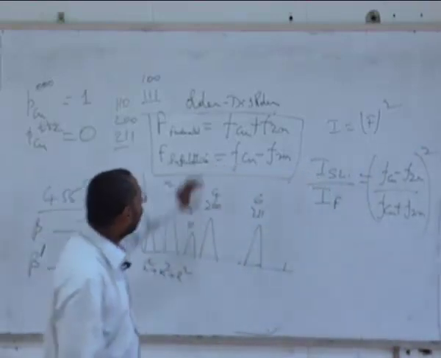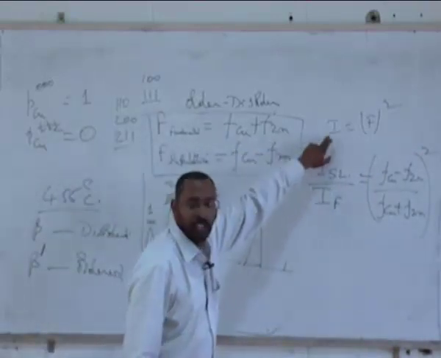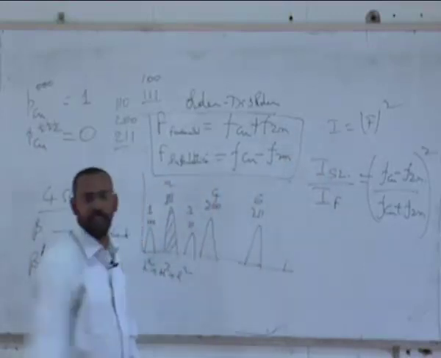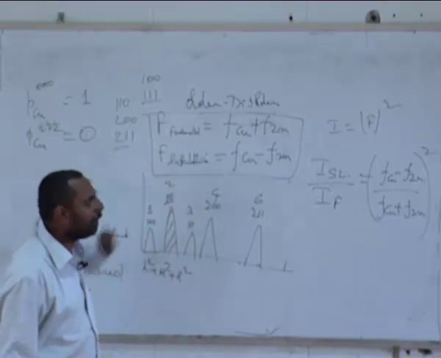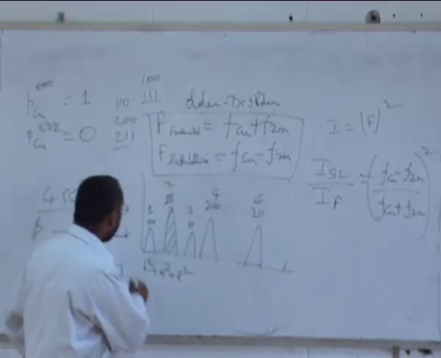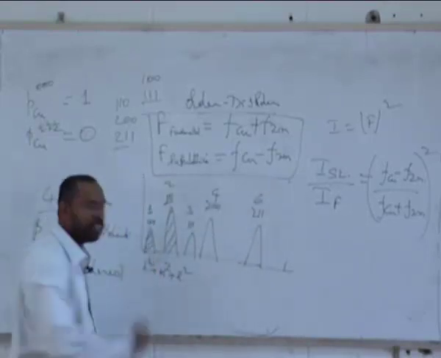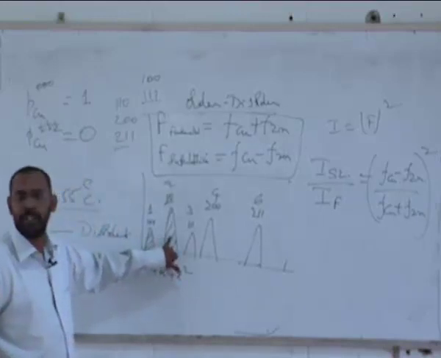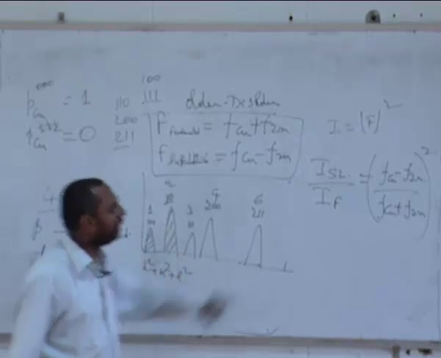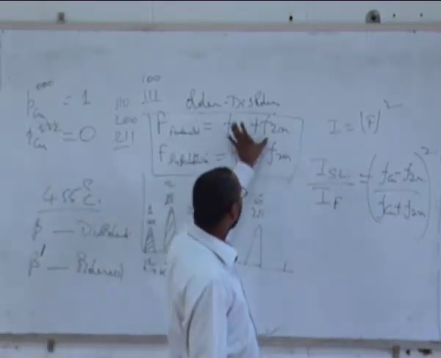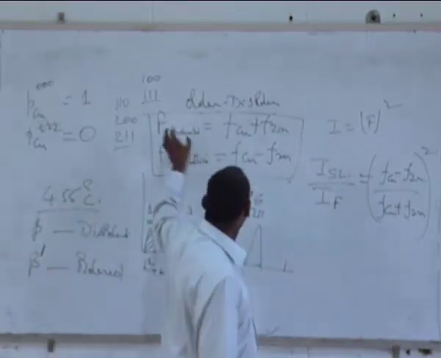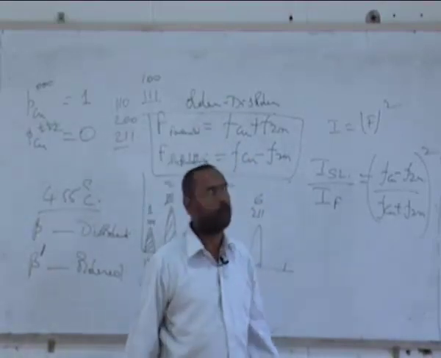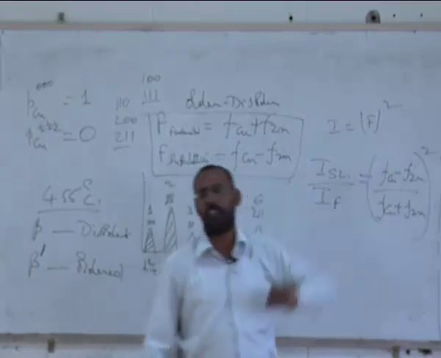Right? Because the intensity means the height of this peak and the area of this peak. The intensity of a superlattice peak, let's say I am considering this peak, divided by the intensity of this peak. This ratio is given by the structure factor square of the superlattice peak divided by the structure factor square of the fundamental peak, because intensity is the square of the structure factor.